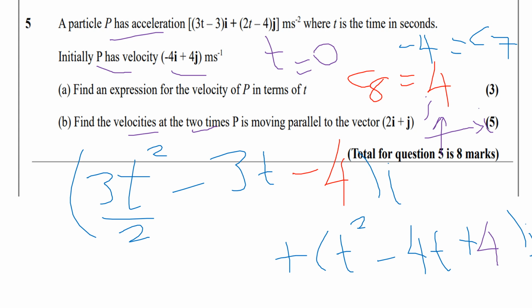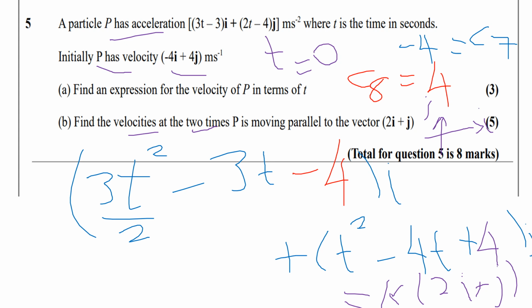This plus this is going to equal k lots of 2i plus j. The reason for that is, remember from GCSE maths, if you have two lines that are parallel, one will be a scale factor, or a multiple, of the other vector. That's why it's equal to k lots of that.